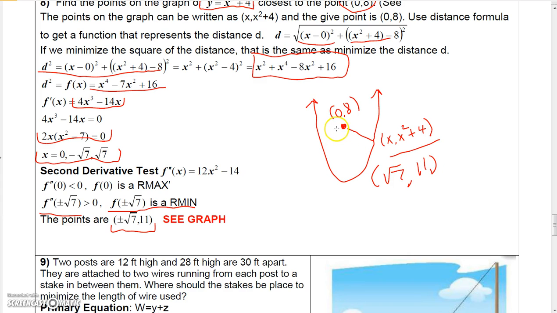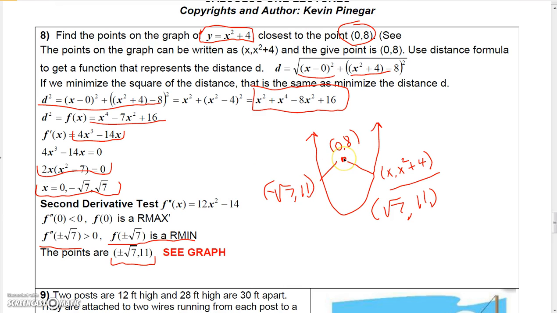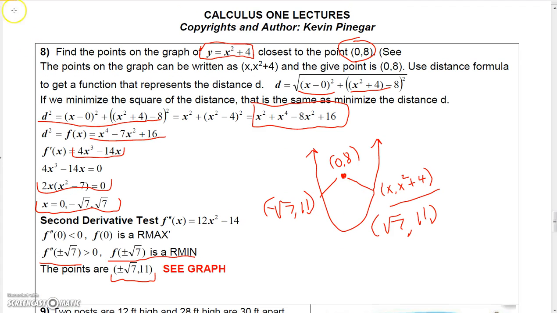But there's also another point over here that's the same distance, and that's minus square root of 7, 11. So those are the points that actually minimize the distance between the point 0, 8 and this parabola. And so that's an interesting problem.